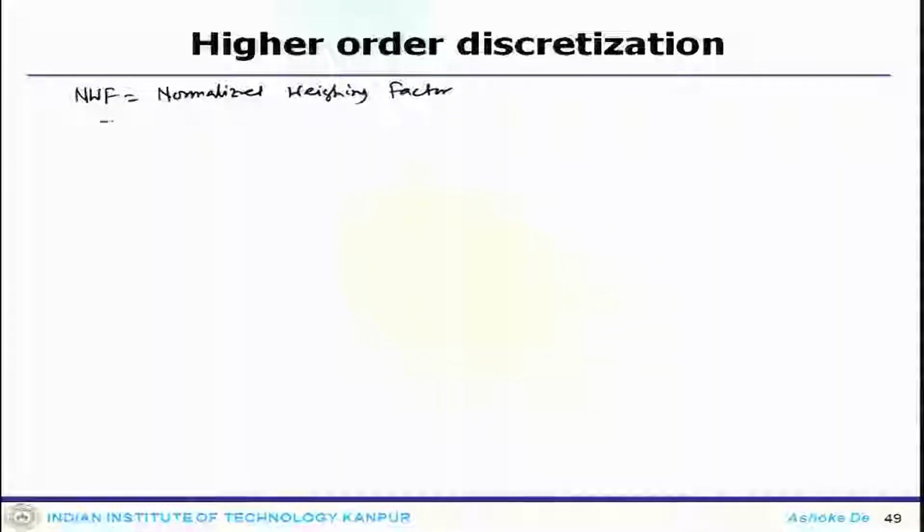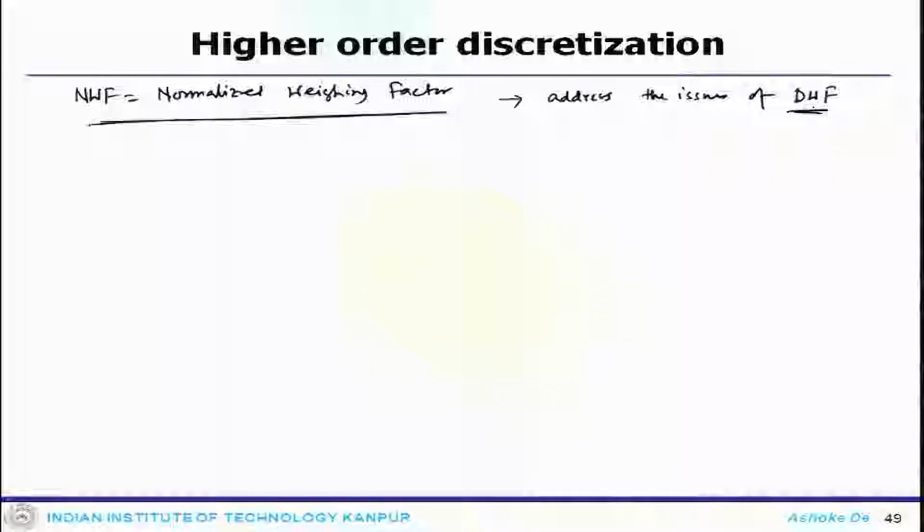We have seen the issues with the DWF, so now we will similarly formulate the NWF, which tries to address some of the issues of the DWF method, so that we can have a better framework.